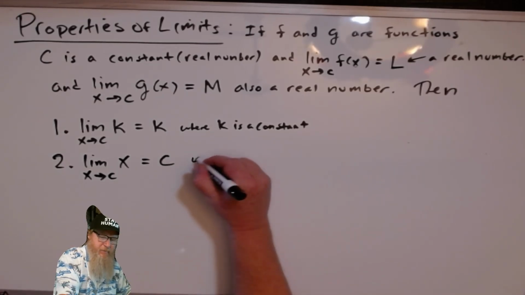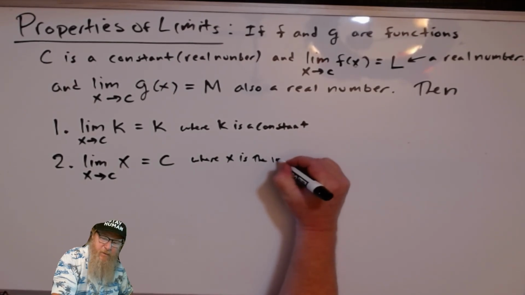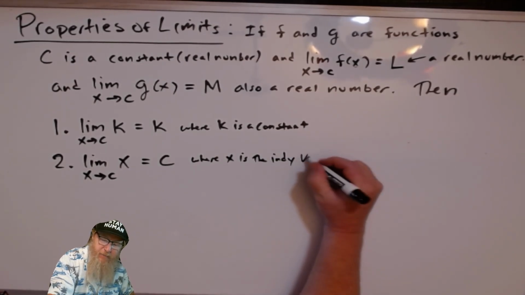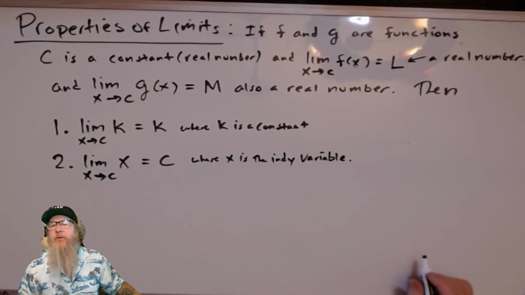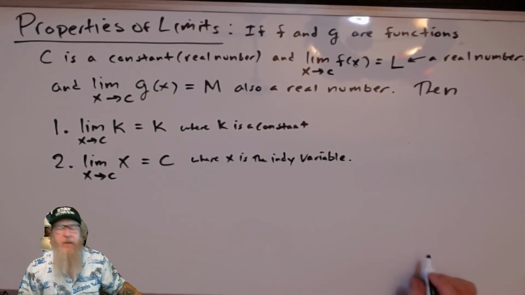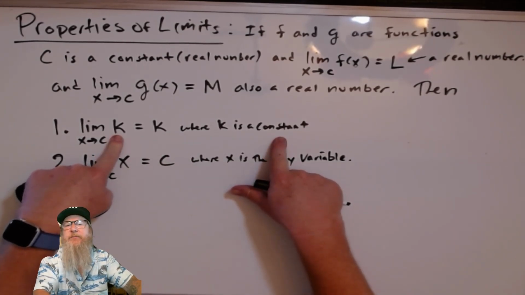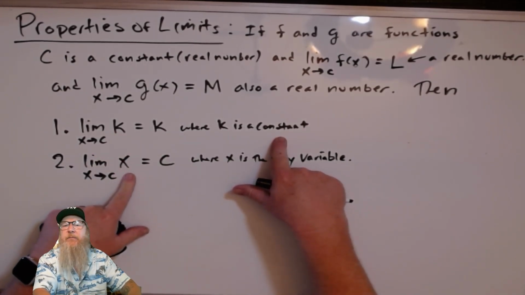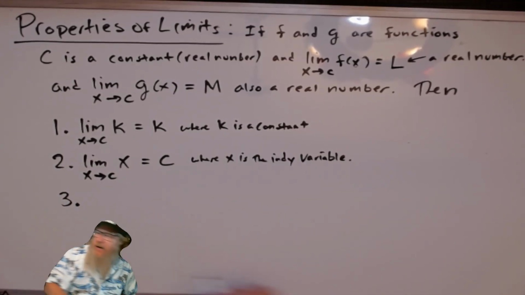X is a variable. We call it the independent variable. I wrote INDY for short. So I want to make that very clear. K is not a variable. K is just some constant. But x is, in fact, a variable. All right, number 3.